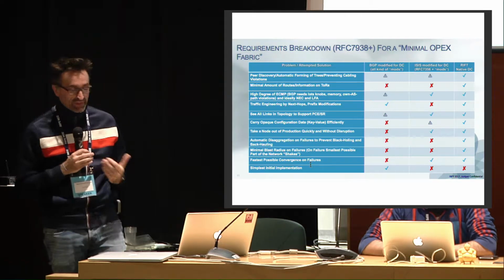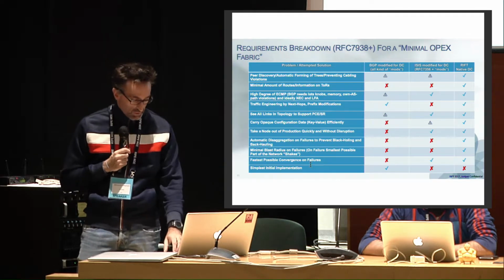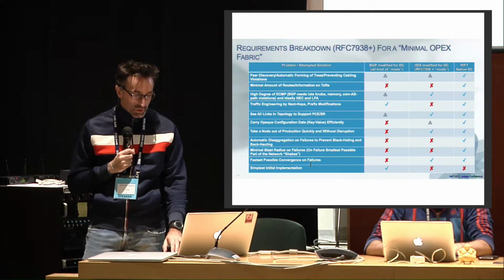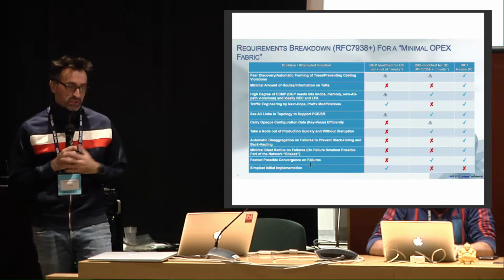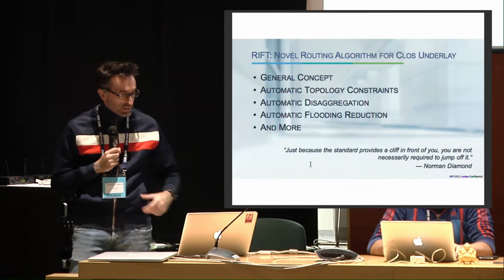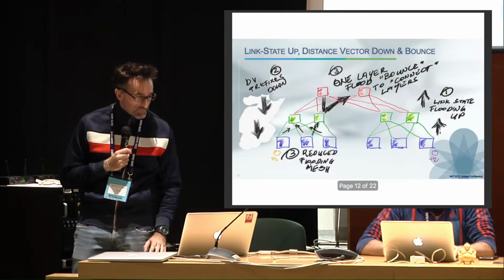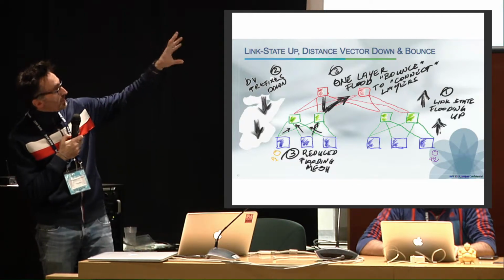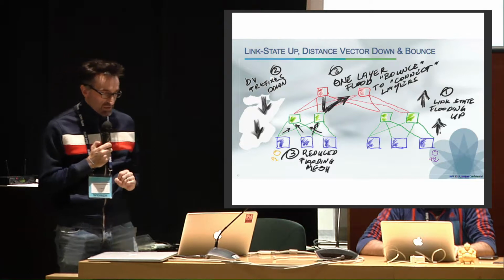So the implementation is not that simple, but of course it's perfectly doable, especially if one already has experience with ISIS. So let's jump to concepts, topology constraints, and so on. This is the basics of Rift.